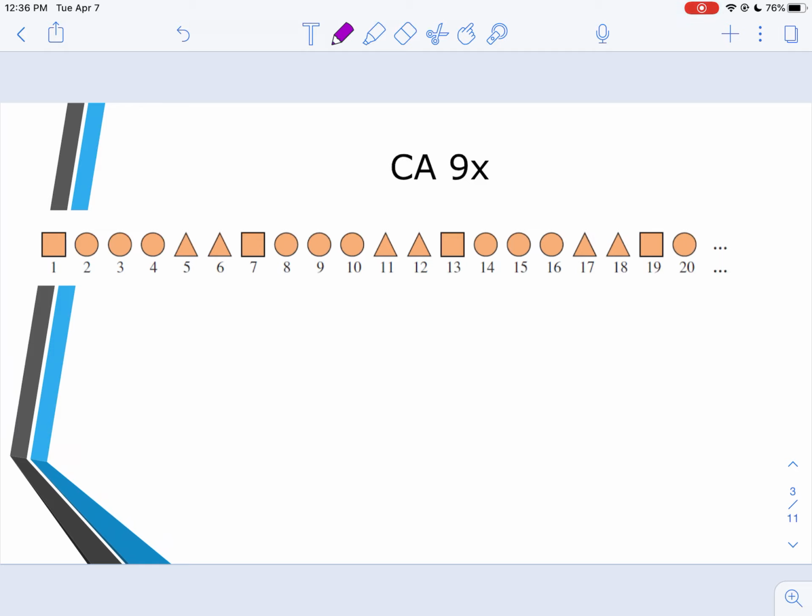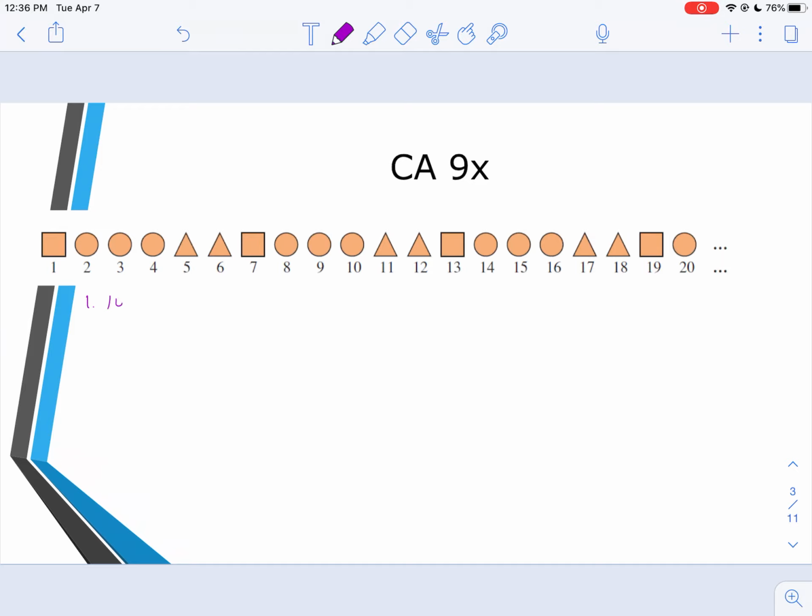If you look at class activity 9X, it's got a repeating pattern of a square, 3 circles, 2 triangles, and then a square, 3 circles, 2 triangles, a square, and it repeats. There's a series of questions here.